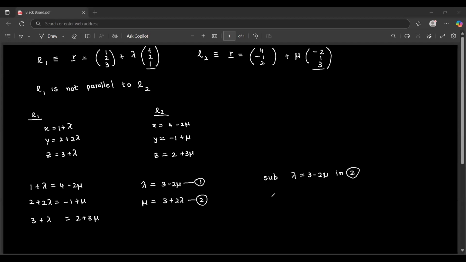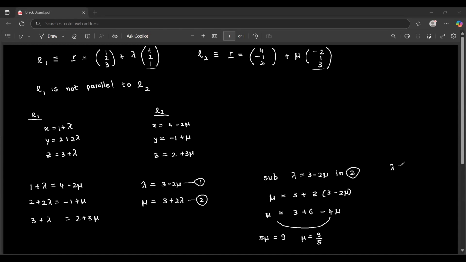So that will give me mu equals 3 plus 2 into (3 minus 2 mu), and mu is equal to 3 plus 6 minus 4 mu. So when I bring 4 mu this side, that will be 5 mu equals 9. So mu is equal to 9 over 5.